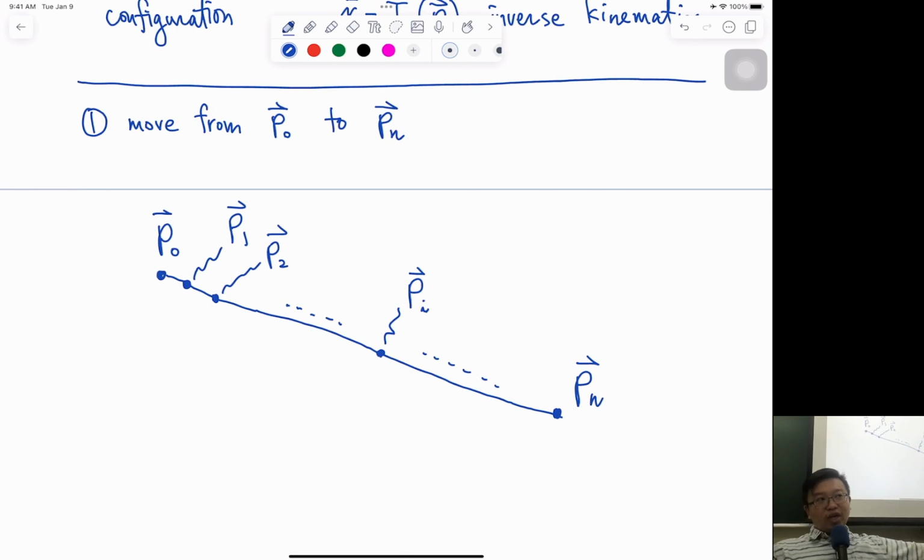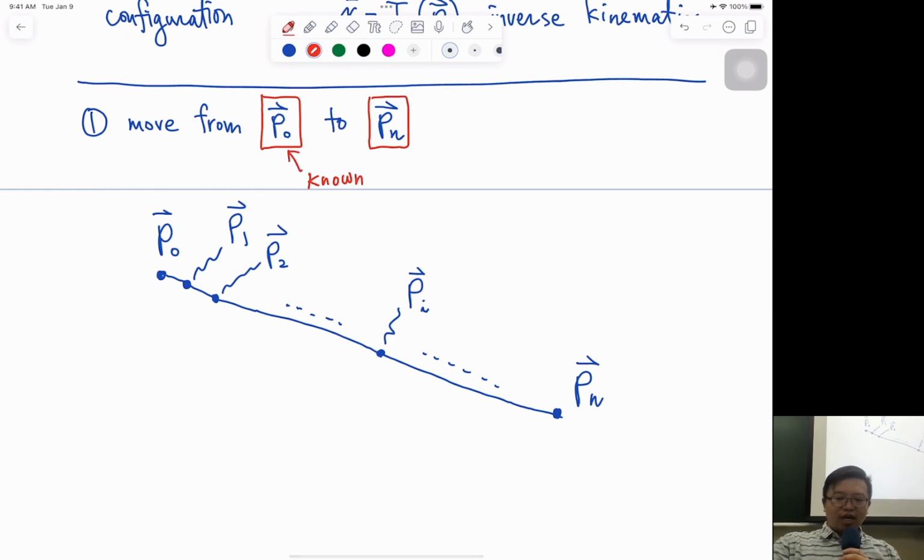All I need to do is to calculate inverse kinematics for every one of the n plus 1 points. Why is that? So usually from the human, we tell the computer these two. So these two are known information. These are the information from the user.